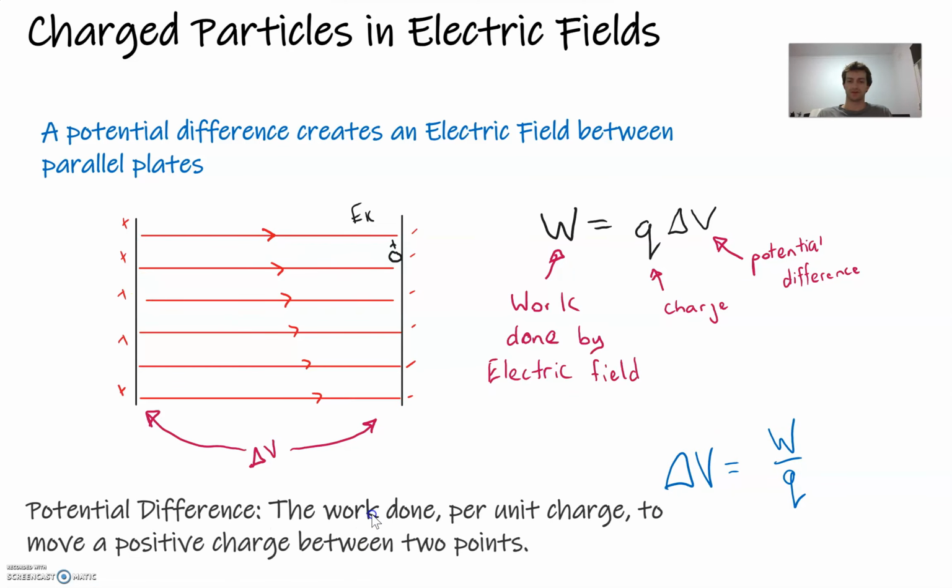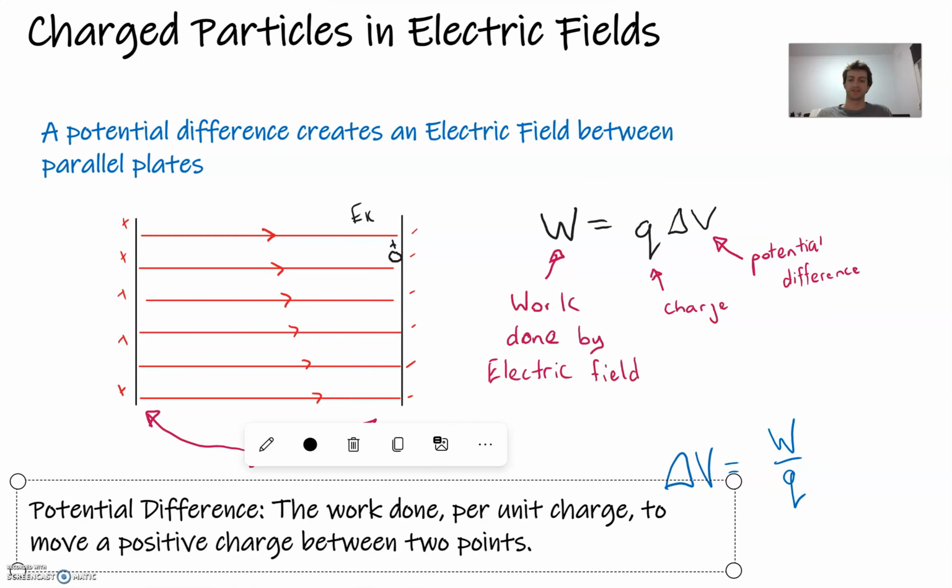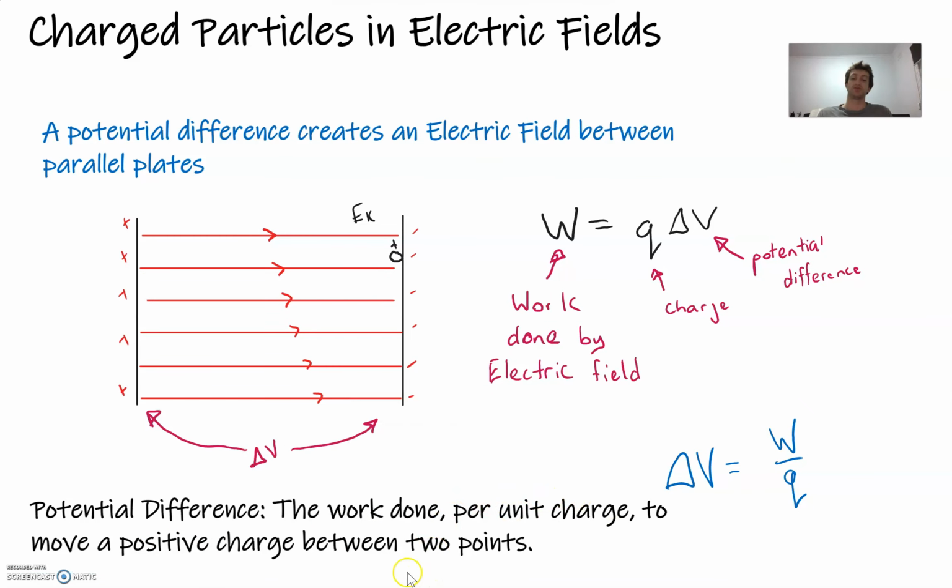More literally, it's the work done per unit charge to move a positive charge between 2 points. And in the electric fields topic, we often talk in terms of the positive charge and what the positive charge is doing. So potential difference is the work done per unit charge to move a charge between the 2 points where the potential difference is between.